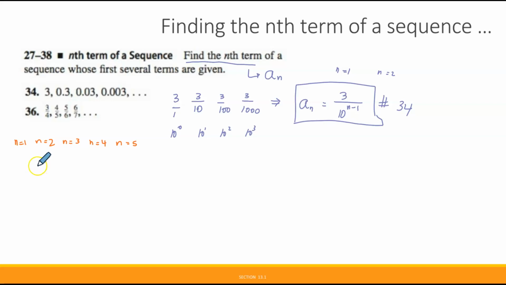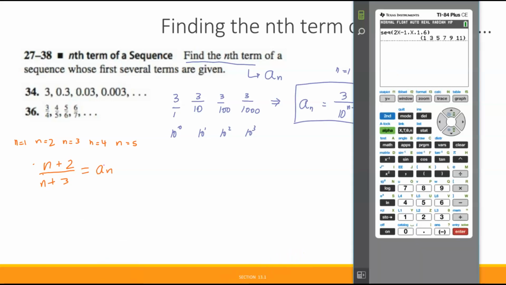So up top we might consider n plus 2. If we look at the bottom, if n is 1, 1 plus 3 is 4, 2 plus 3 is 5, so we might consider n plus 3 for the bottom. And that could be a possible a sub n formula.